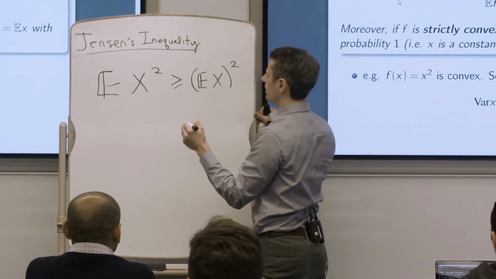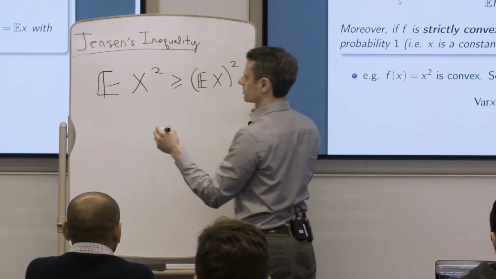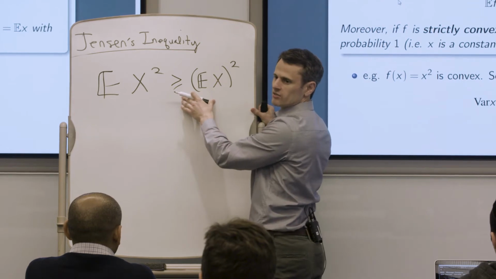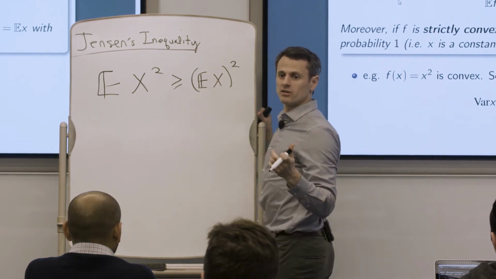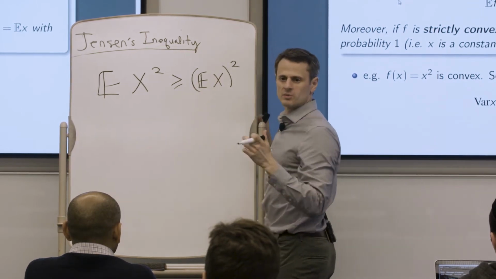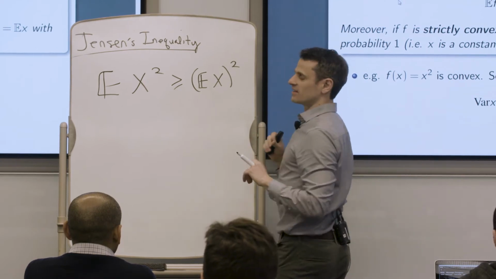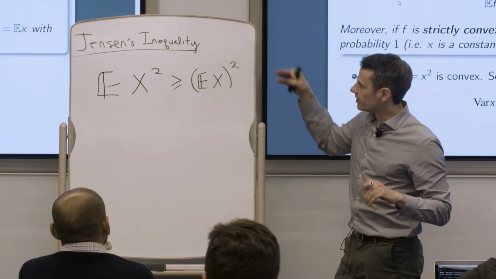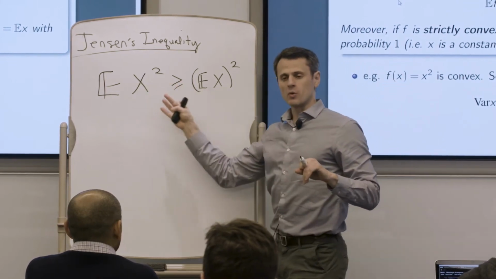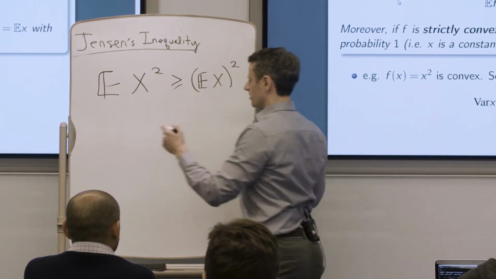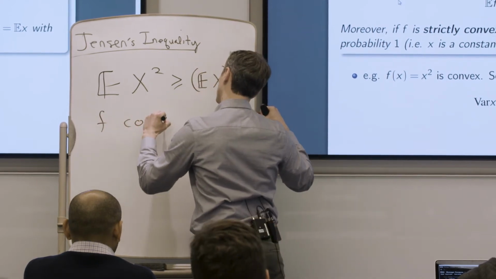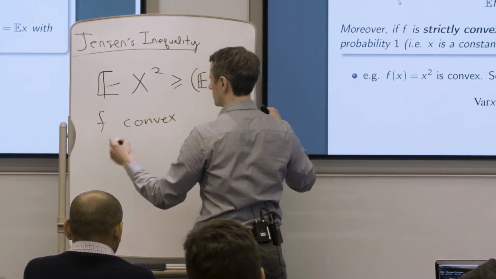How do I know that? Well, the variance of x is the expectation of x squared minus the square of the expectation of x. You know the variance is always greater than 0. So the difference of these must be greater than 0. This is how I remember the direction of Jensen's inequality. This is because the square is a convex function. So for any convex function f, the same inequality holds, and that's called Jensen's inequality.